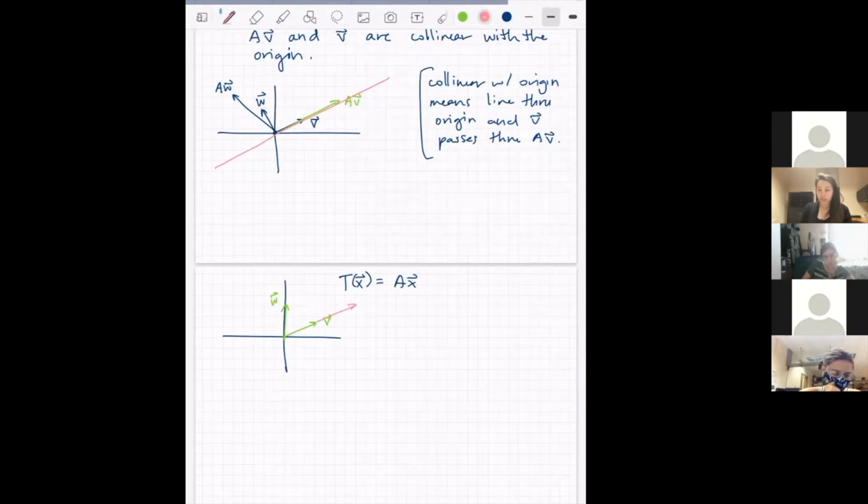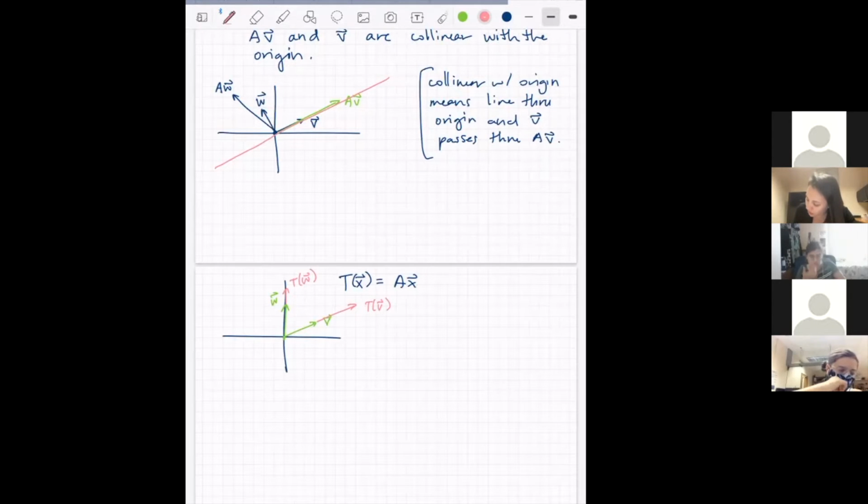So T of v is just a stretching of these directions. In the other directions, it'll be linear combinations of these, which will give you distortion.